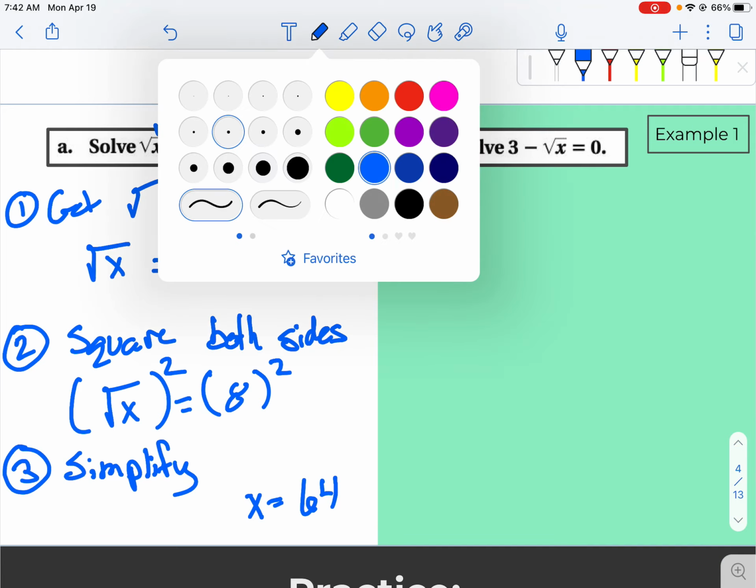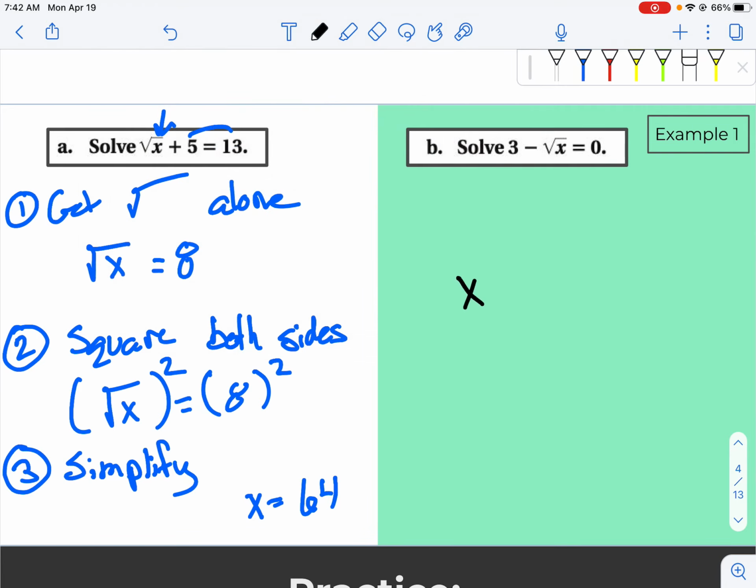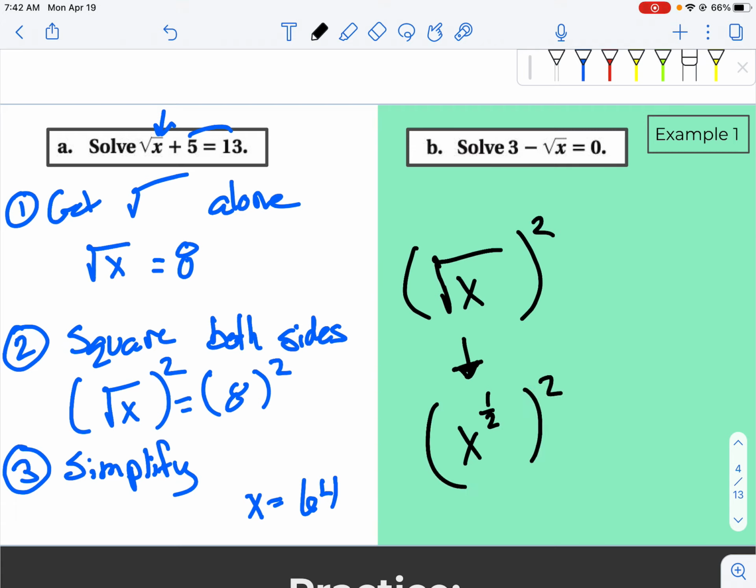If we look for just a second at this, when we square it, think back to the middle of Algebra 1B. We talked about we can rewrite a square root like this.